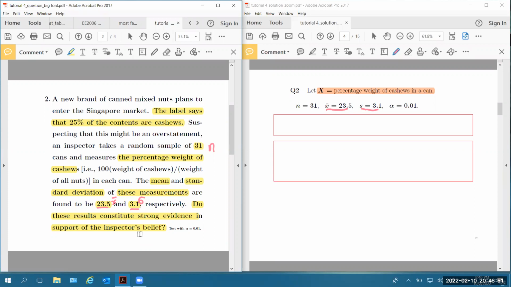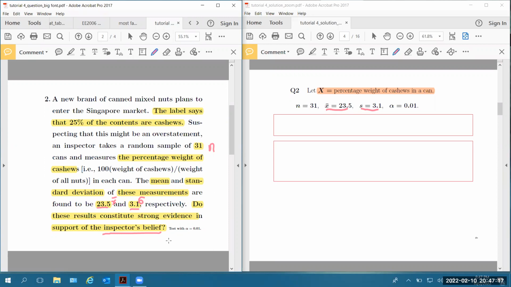Test what? Any idea? What do you want to test? You want to test the inspector's belief. So they ask you whether the sample results support the inspector's belief or not, right? That means whether the inspector's belief can be true or not.